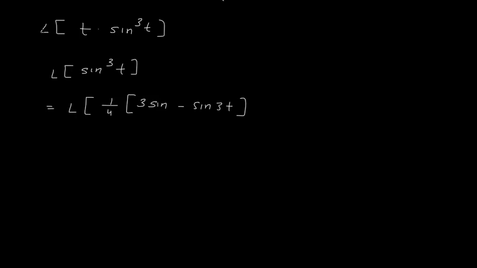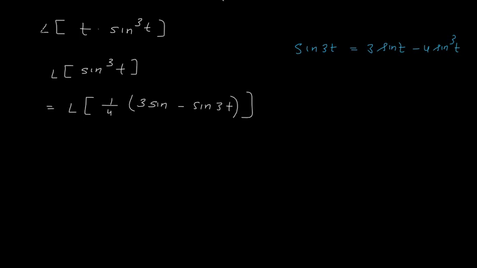Basically you have the formula for sine 3t, and you modify that formula to get this one. We know sine 3t is 3 sin t minus 4 sine cube t.